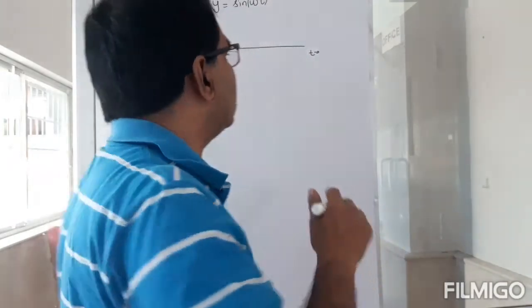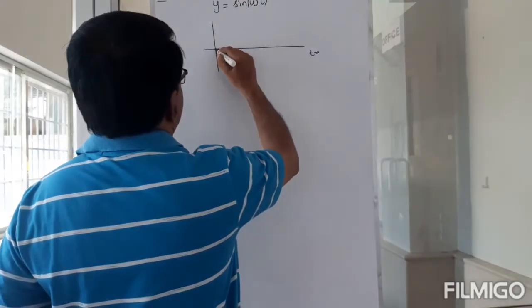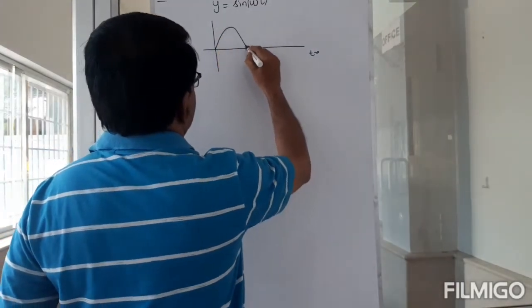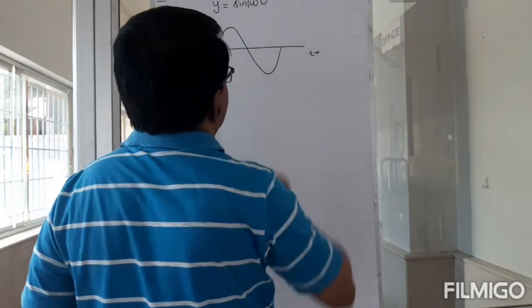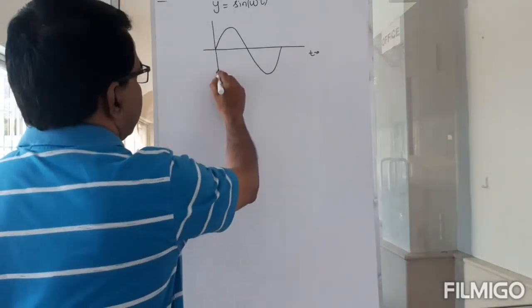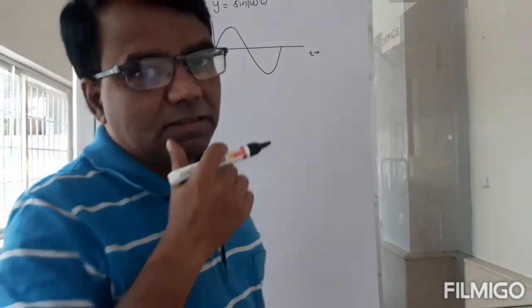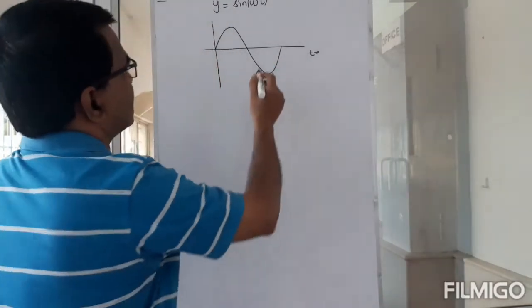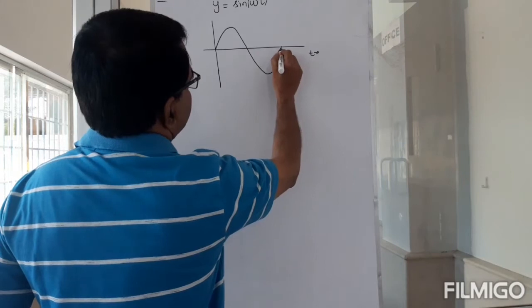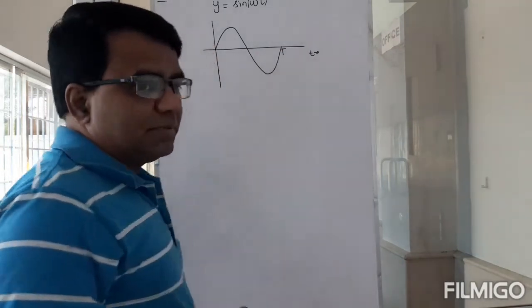Okay. So what do you know? In one period, let's say capital T, one period, then the sine curve will complete one round, I should say. So I start from here. So one cycle is completed in time T. This is a period, a time period of oscillation, right?